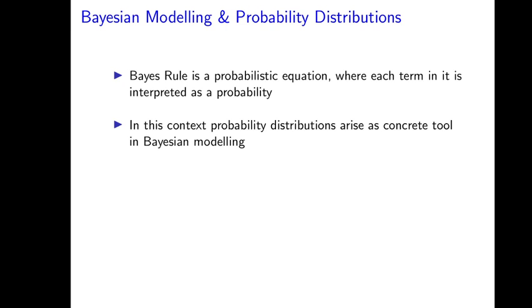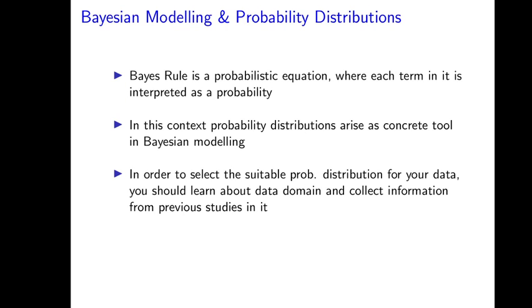As a result, probability distributions arise as a concrete tool in Bayesian modeling, because they are very well studied and well defined probability functions that can express the evolution of your data set in many different scenarios. Therefore, probability distributions are the cornerstone of Bayesian data modeling and of Bayesian inference in general.